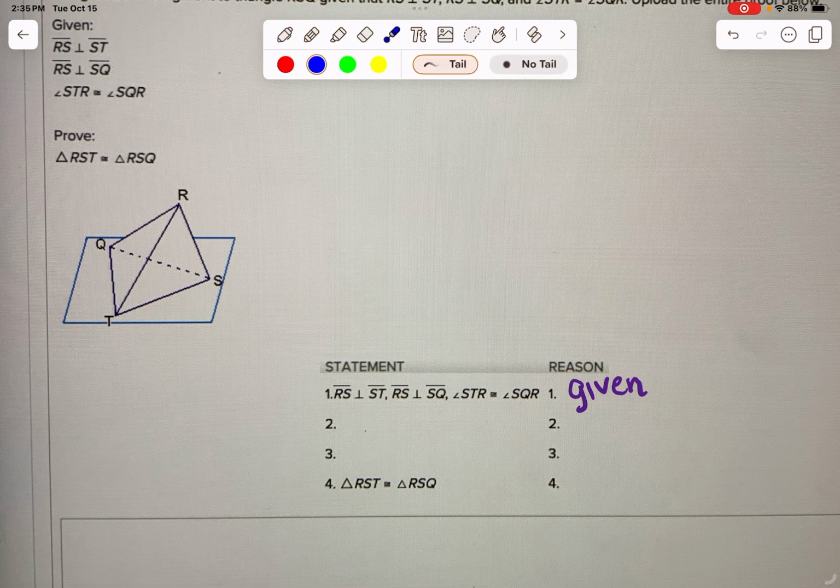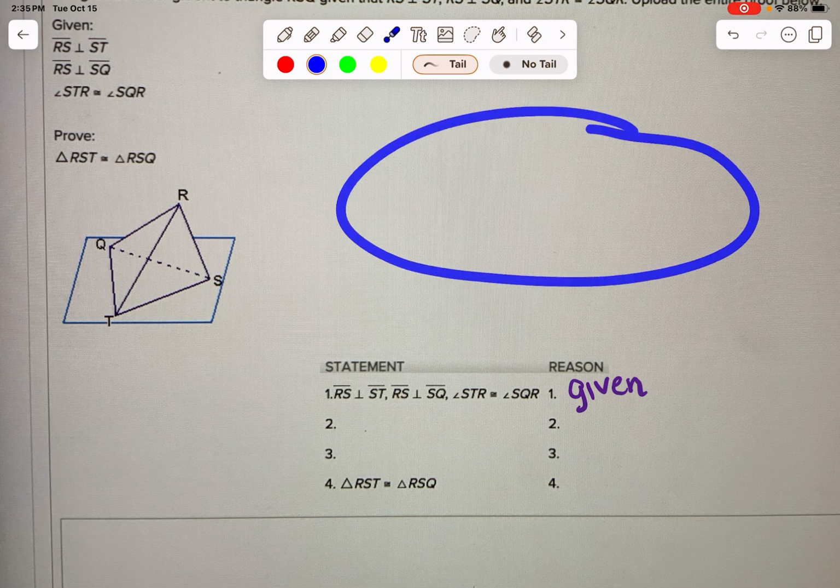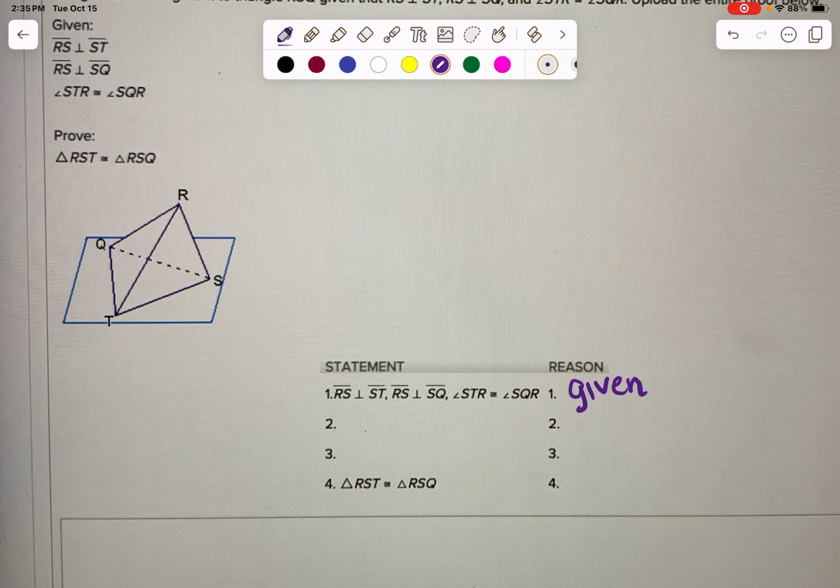Now, the second thing is, if I know that these two triangles are the ones that I'm going to try to prove congruent, I probably should redraw those up here to make it easier. So like on this one, I have RST. So that will be that one.